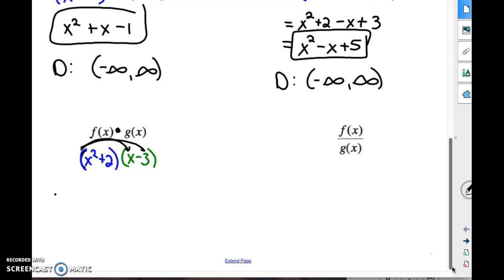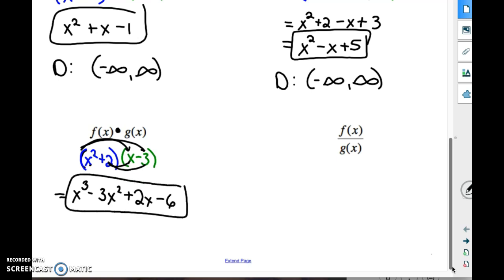So x squared times x is x cubed. x squared times -3 is -3x squared. Keep distributing, 2 times x and 2 times -3. So that's how we multiply functions. Our domain is going to be all real numbers because there are no fractions or square roots or anything that we have to worry about.